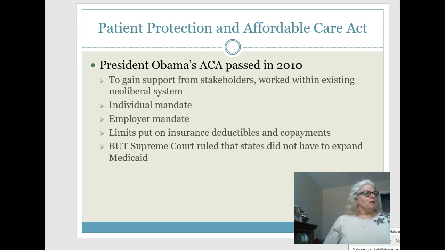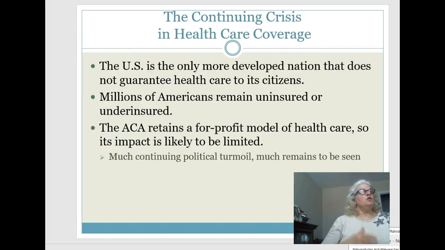So, let's talk about what's occurred. In the process, the Affordable Care Act, or Obamacare, has actually been successful at decreasing the number of people without insurance. Very important as we look at the issues, yet we still have this continuing healthcare coverage crisis.